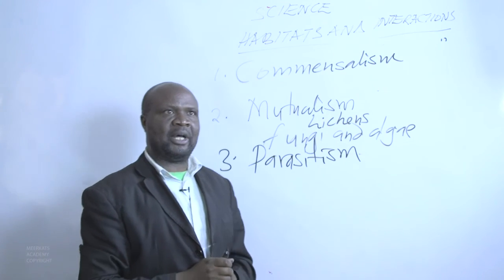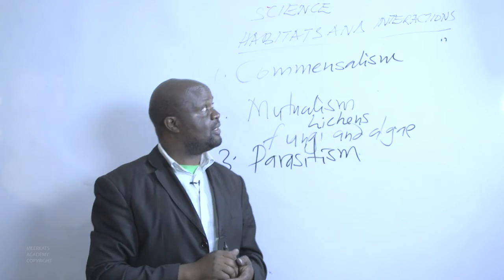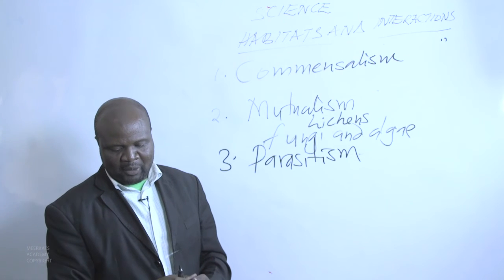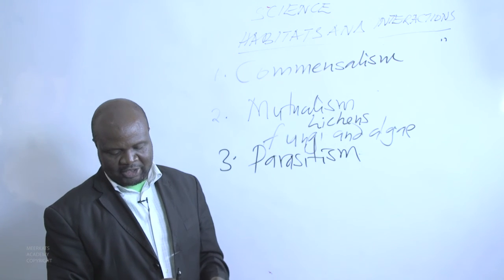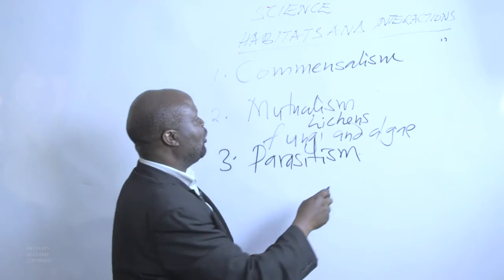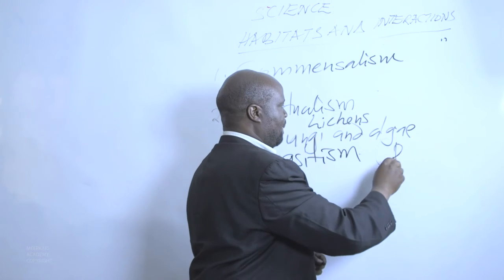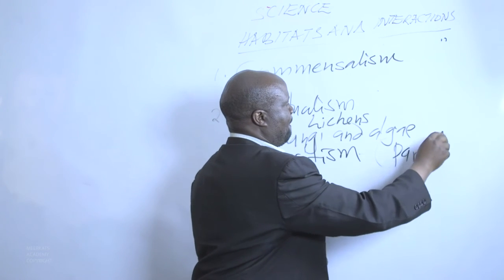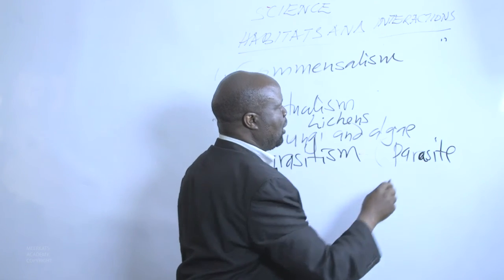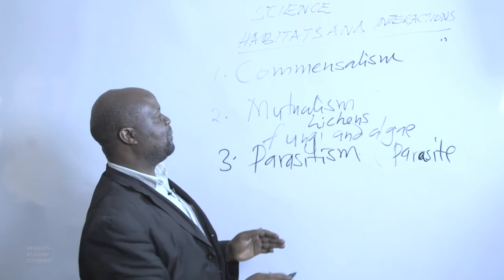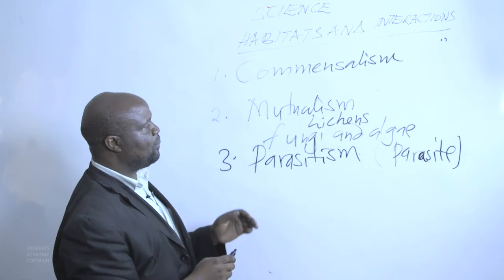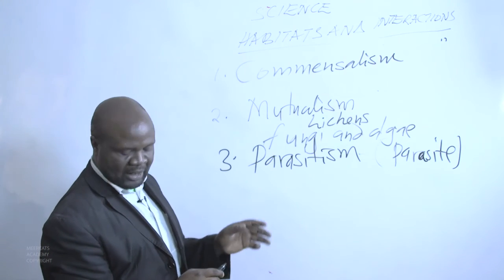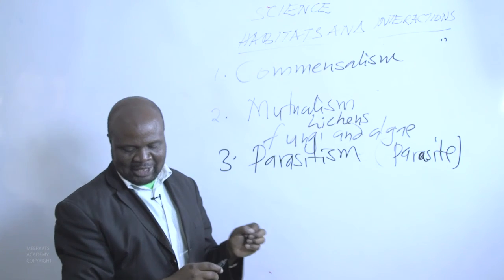When we talk of parasitism, this is an interaction whereby one type of organism called parasite depends for protection and food on another organism.